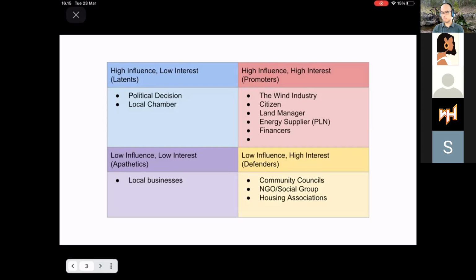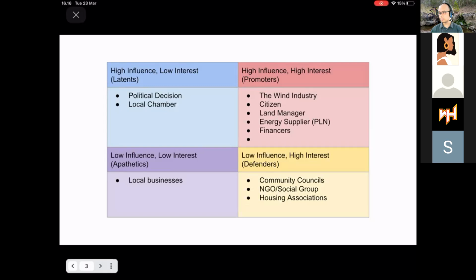The land manager is the one who will supply the land for our project, and they might gain profit from this project, which is why we put them in the promoters. Then we have the energy supplier, also in the promoters, and I think we agree that they would agree with the project because they might gain more from this wind farm.